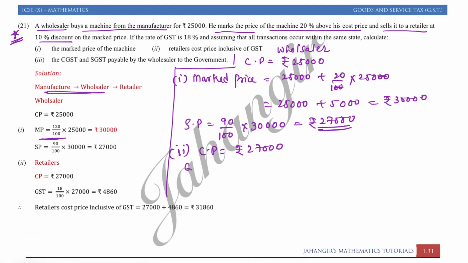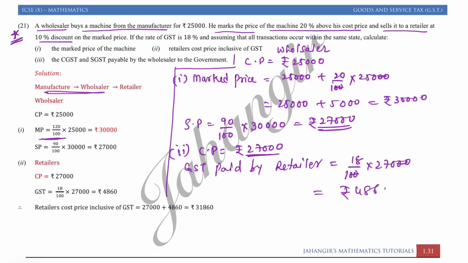So we can write GST paid by retailer while buying. When he is buying, he is a customer for the wholesaler. So he will pay tax on rupees 27,000. So 18% of 27,000. 27 into 18 is rupees 4860.